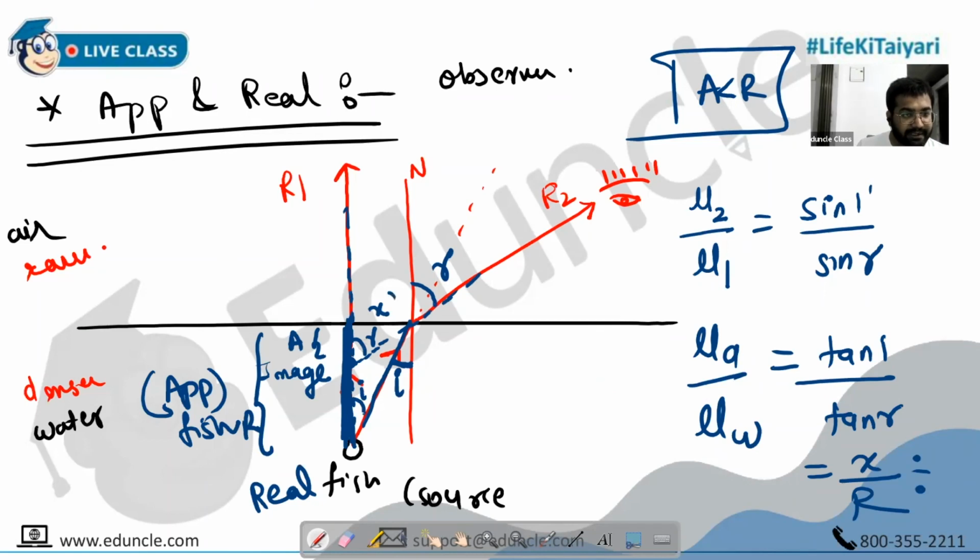What is tan R, people? Opposite upon adjacent. That's x upon what is adjacent? Apparent. X upon apparent. So what do we have? Mu A upon mu W. This is x upon R into A upon x. X gets cancelled. We have got A by R, people.